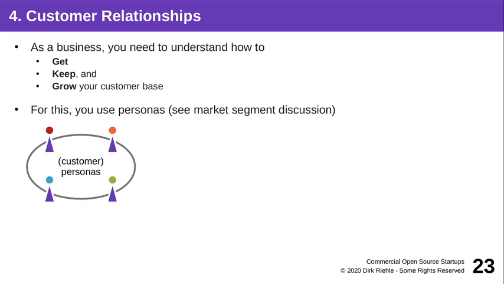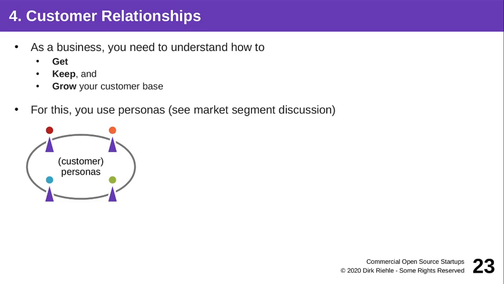So you know who your customers are and you know how to reach them. And now you want to sell to them. And that means you're building relationships with them. And it's not just the initial sale. Once you have someone who could potentially be a customer, yes, you first have to sell something to them, but then you want to keep them.